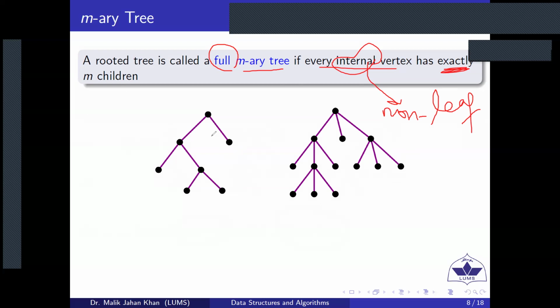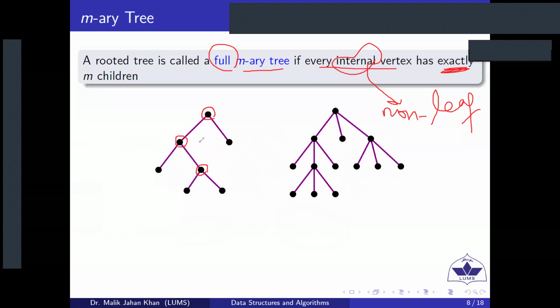exactly m children. So if you look at the tree on the left side, the first node has two children, this node has two children, and this node has zero children, but this is not an internal vertex. This is another internal vertex which has two children. If I re-highlight them, the internal vertices in this tree are these three vertices which I have highlighted.